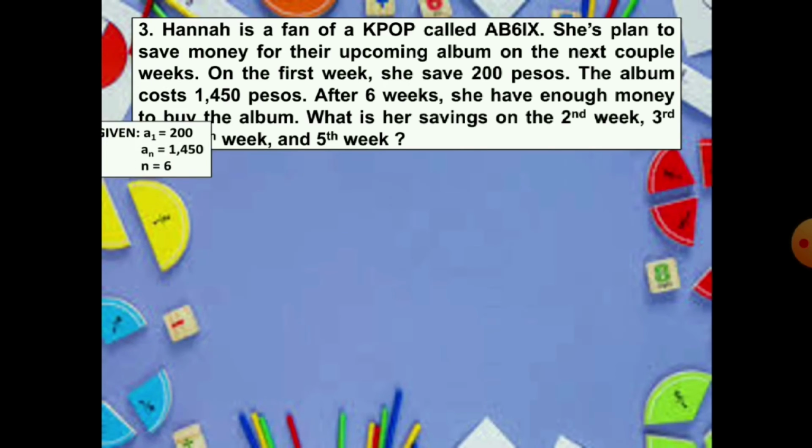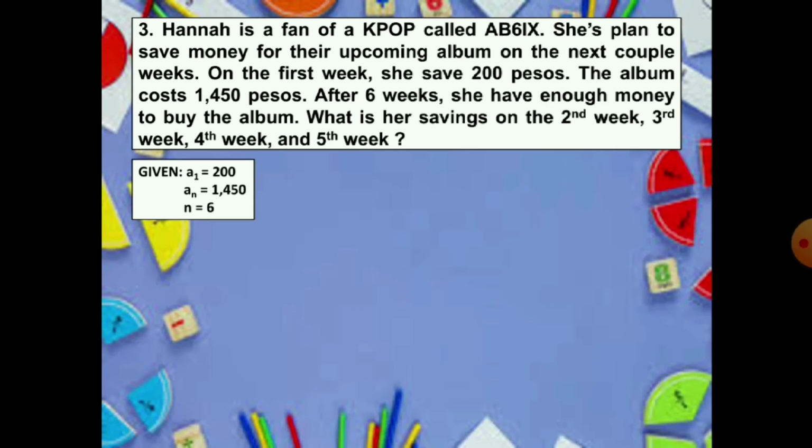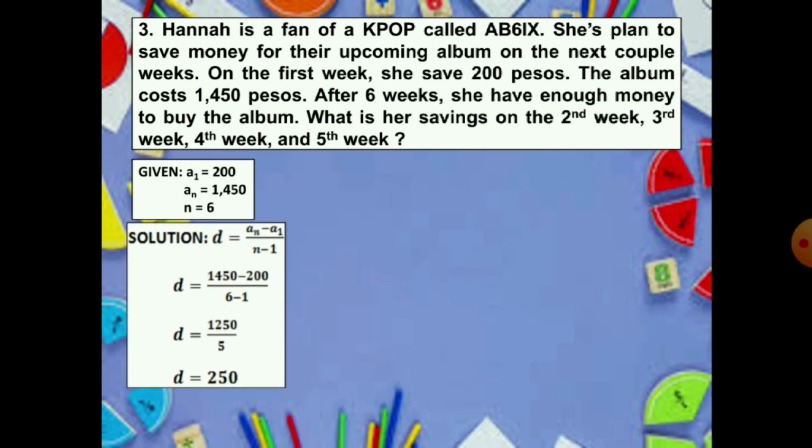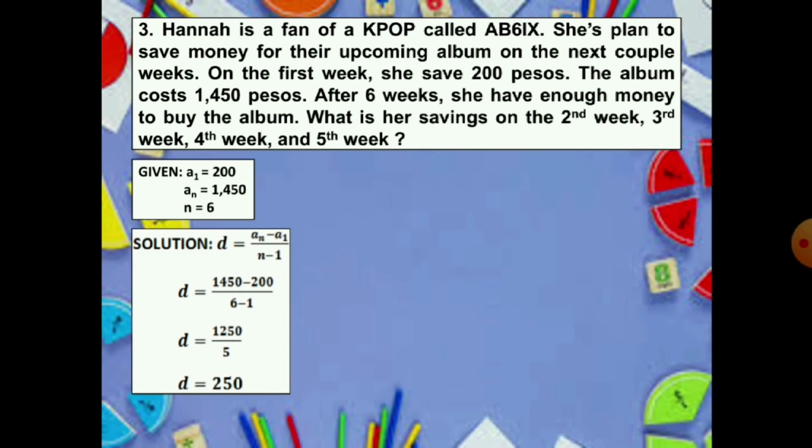The given is a sub 1, or the first term, is equal to 200, a sub n, or the last term, is equal to 1450, and n, or the number of terms, is equal to 6. The solution is, we need to find the common difference, and to find it we need to follow this formula. d is equal to a sub n minus a sub 1 over n minus 1.